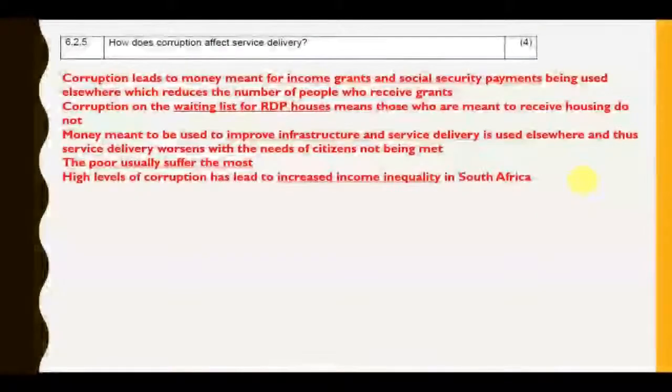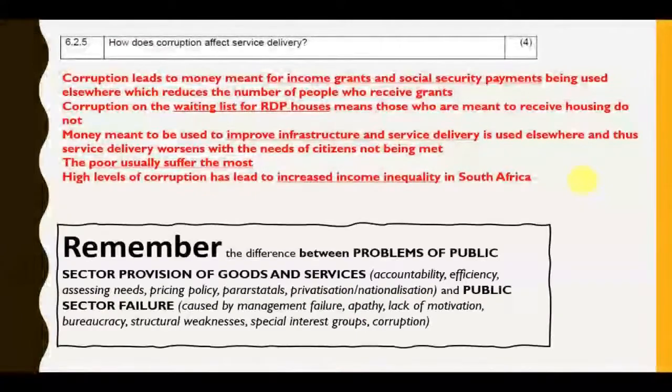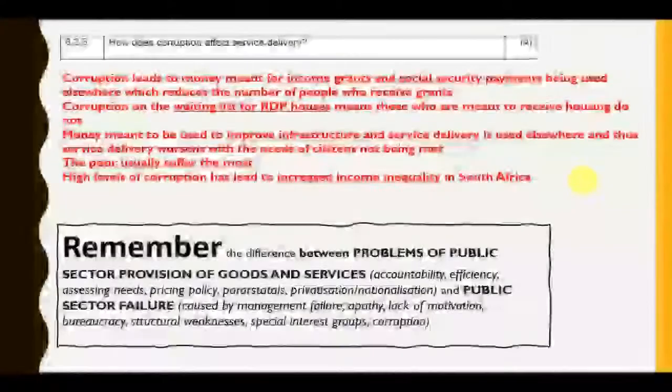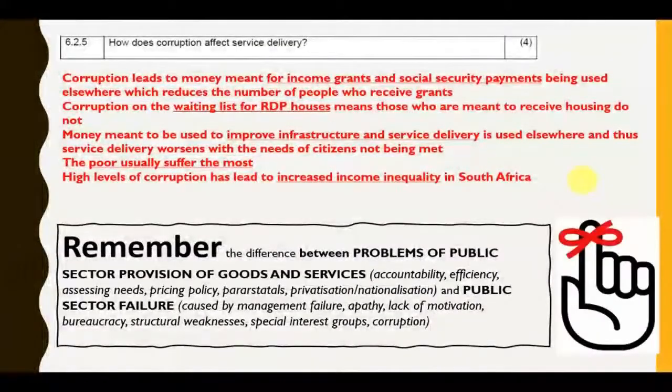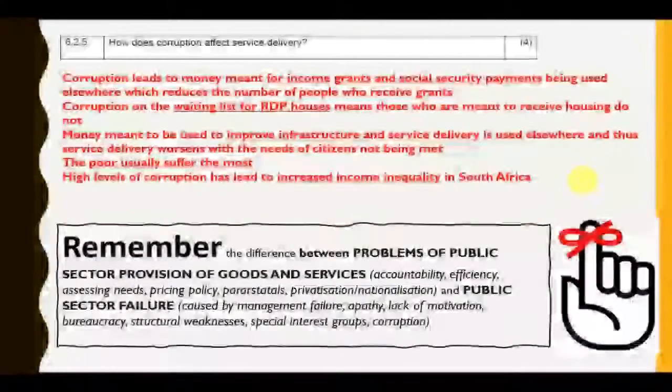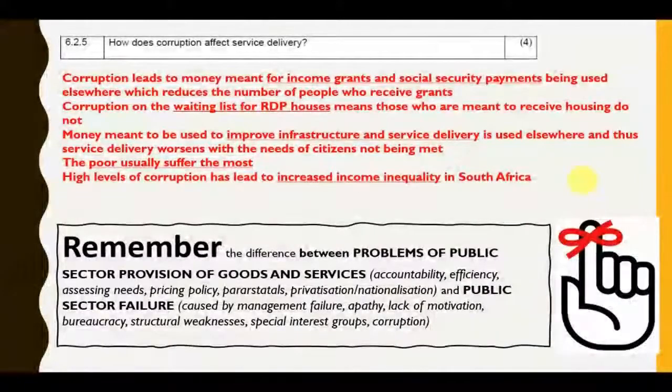And we've already spoken about this today, and this is terms of trade. So sorry, something else I just popped in here. Remember the difference between the problems of public sector provision of goods and services, which is accountability, efficiency, assessing needs, pricing policy, parastatals, and privatization, nationalization, and public sector failure.